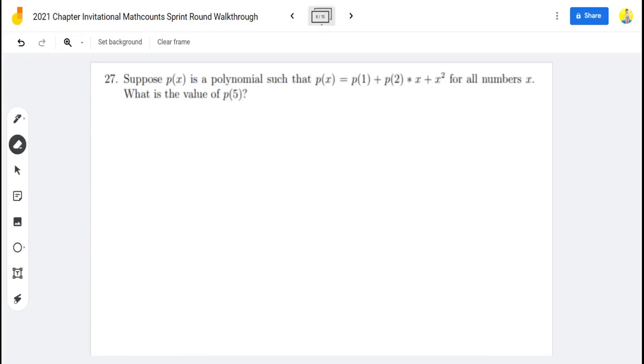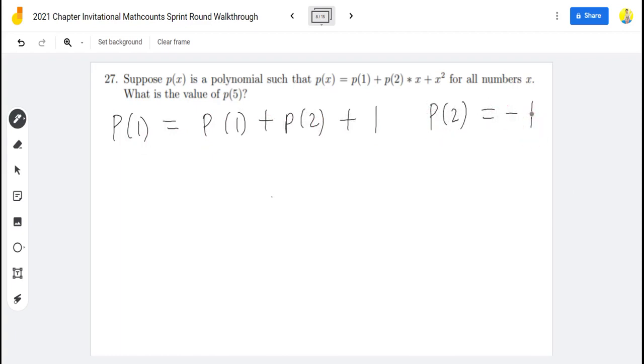Now moving on to question number 27. Suppose p of x is a polynomial such that p of x equals p of 1 plus p of 2 times x plus x squared for all numbers x. What is the value of p of 5? We plug in 1 for x, we see that p of 1 equals p of 1 plus p of 2 plus 1. This means that p of 2 equals negative 1.